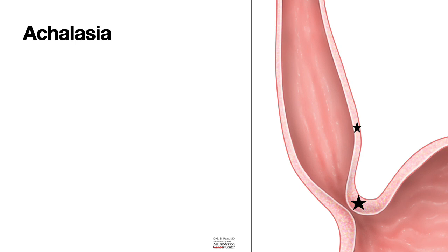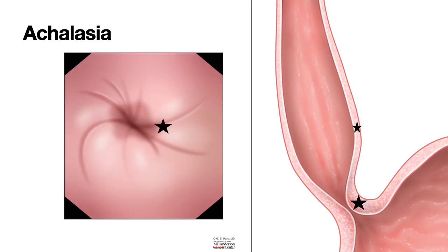When you do endoscopy in a patient with achalasia, the esophagus is usually filled with saliva, and once you clear that and reach the lower esophageal sphincter, you will notice that the sphincter is tight.